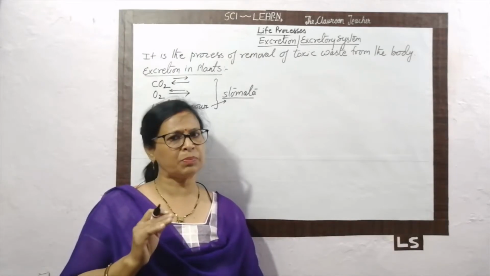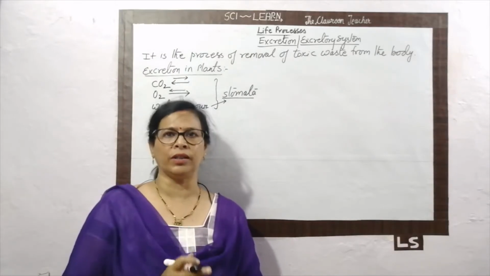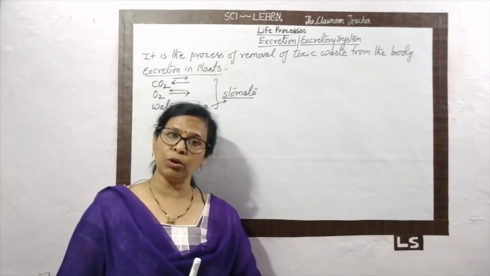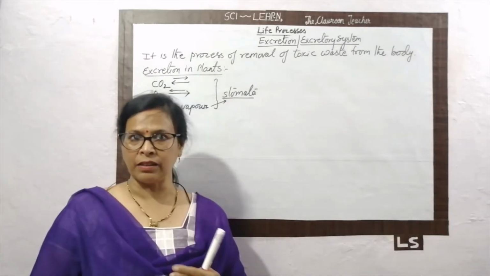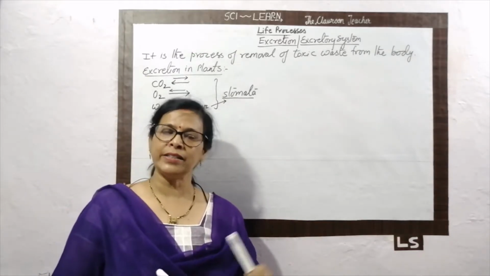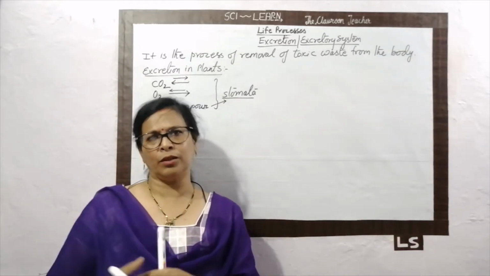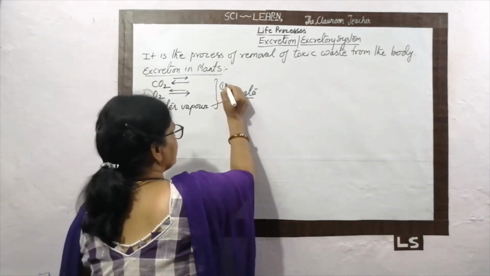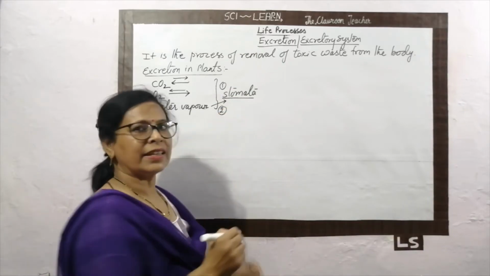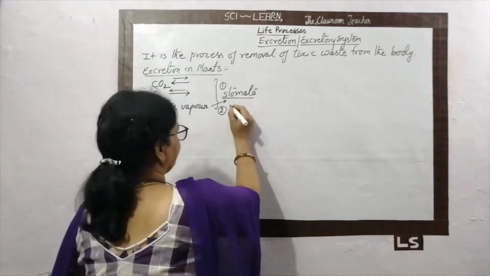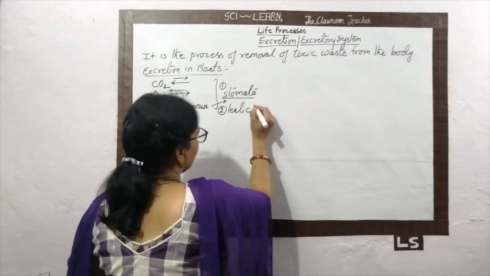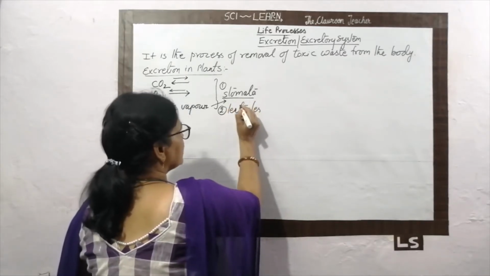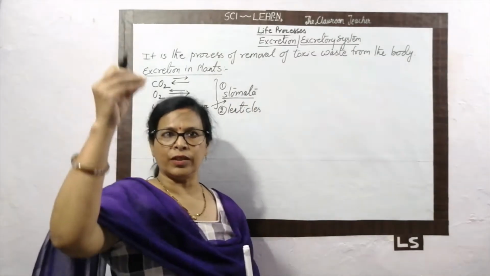The plant has no specific excretory organ. Plants also store waste material in their body in the form of milk, resin, gum, etc. Another place used for the excretion process besides the stomata is called the lenticel. What is a lenticel? It is the wounds generated on the surface of the plant.